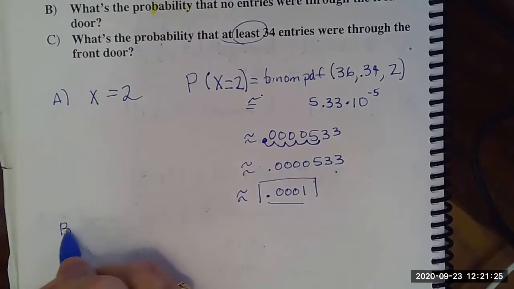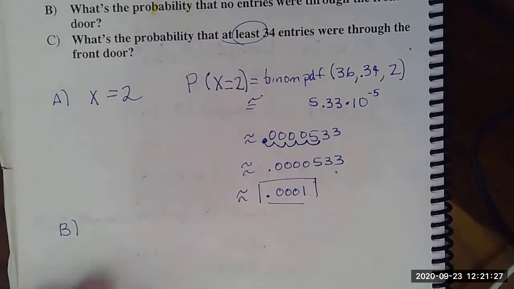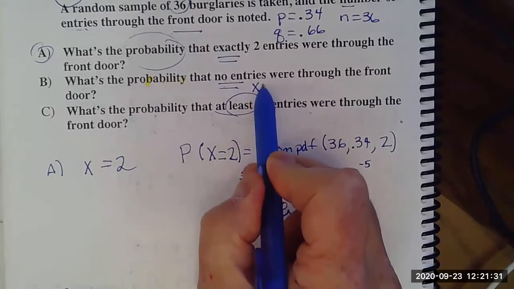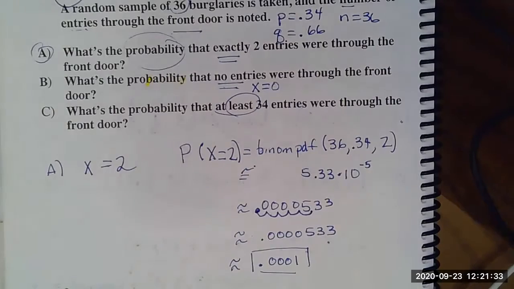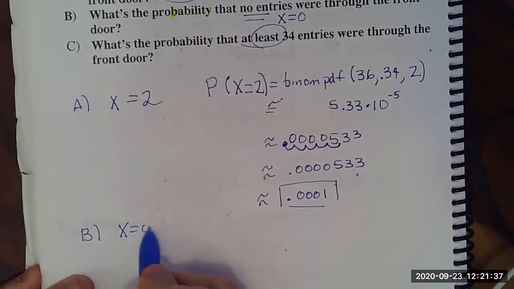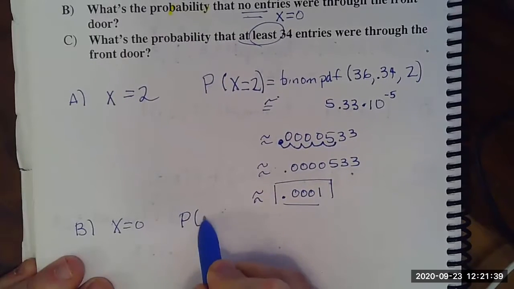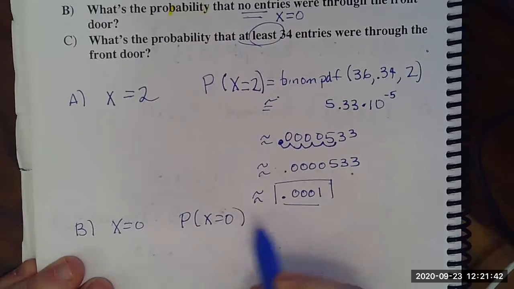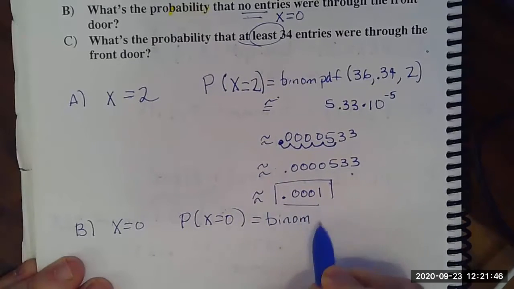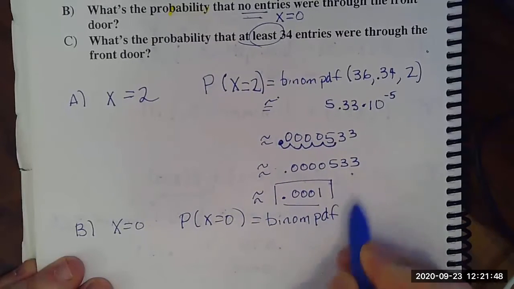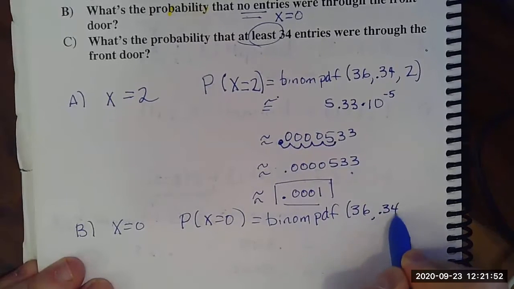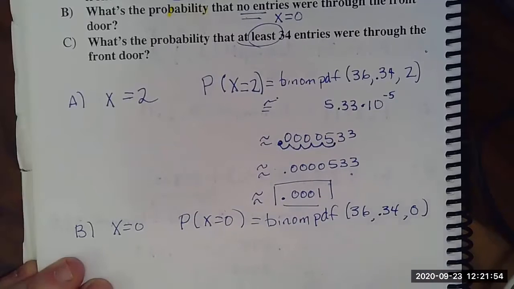Letter B. Okay, probability that no entries. No entries means that you have 0 entries through the front door. So this is X is equal to 0. Probability that X equals 0 equals binomial PDF.